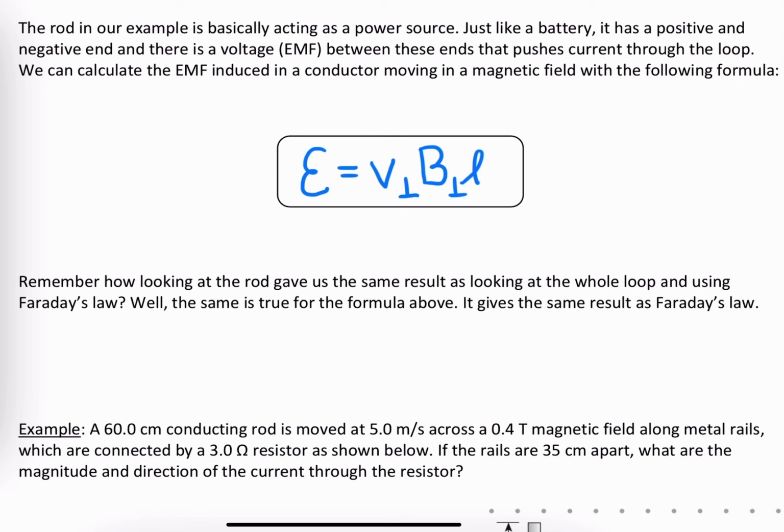So what's going on here? I have a conductor moving in a magnetic field, and it's going to have an induced EMF inside it. It's basically becoming a battery. L is the length of the conductor in the magnetic field.